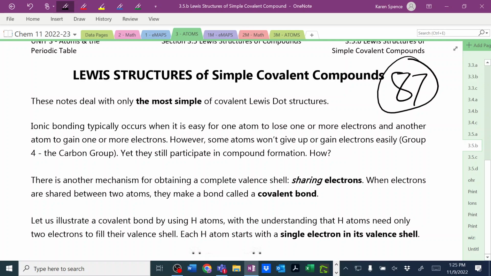So, we're actually going to learn how to draw. We're going to learn later how to draw more complicated covalent compounds, but these are only the most simple covalent compounds.